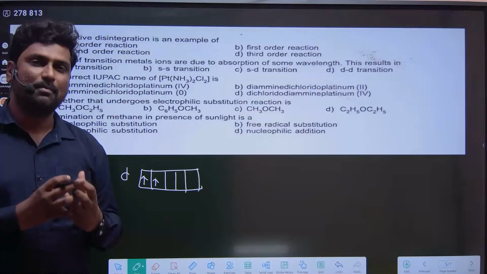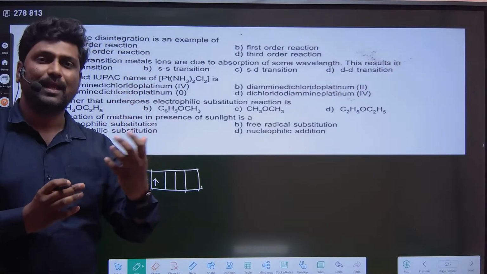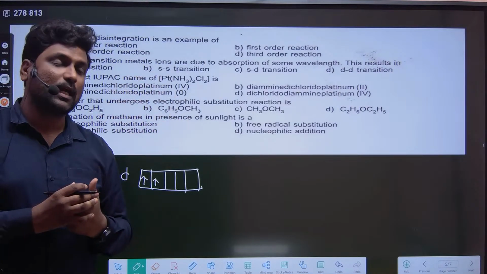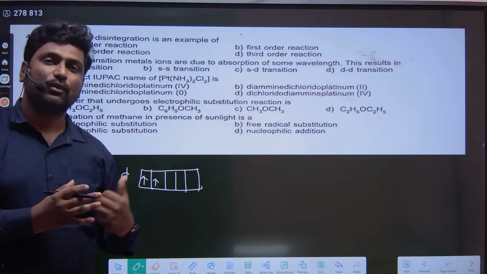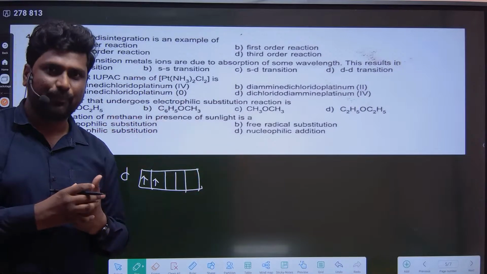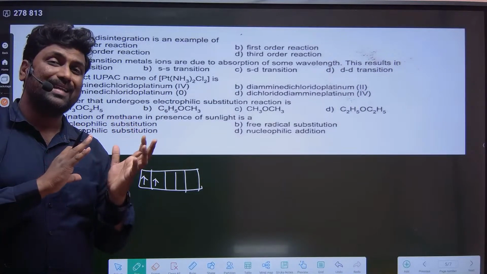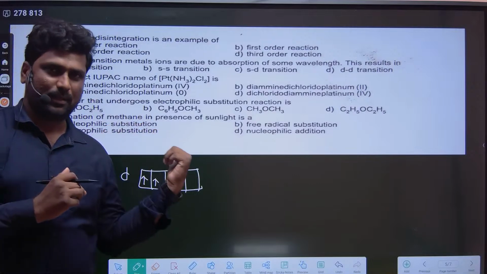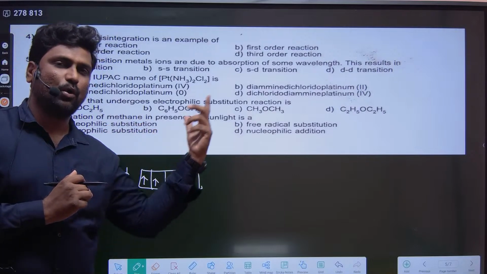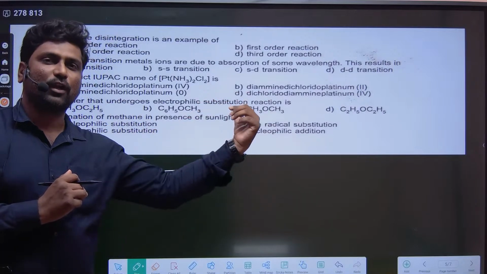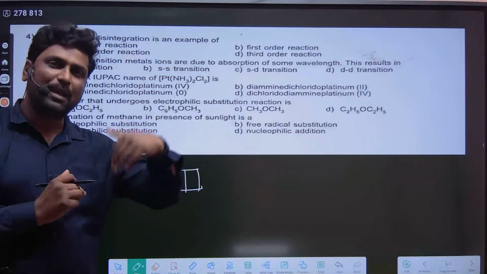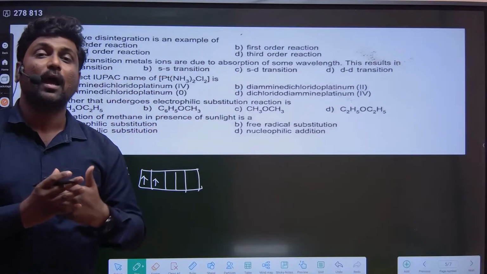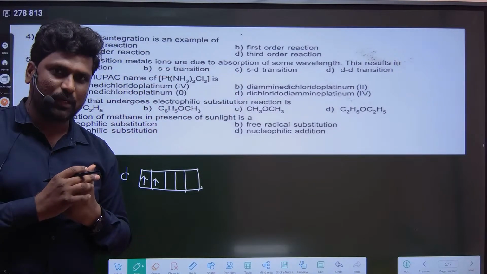While falling back, they emit radiation of a wavelength or frequency which is opposite, or complementary, to what was absorbed. If the absorbed frequency is low, during emission they emit high frequency radiation.